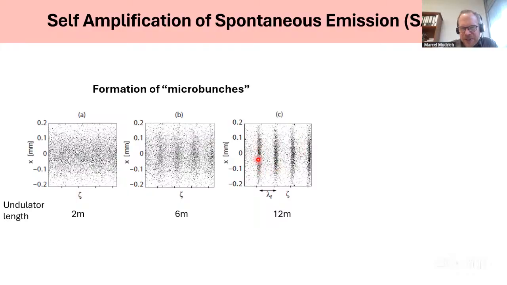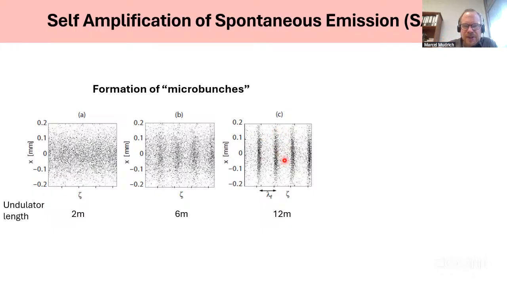These electrons arrange themselves in periods of the wavelength, and the wavelength naturally matches the undulator resonance condition, so that we have a naturally occurring resonance condition of the radiation, and then back coupling to the electron bunch. And so this is a positive feedback loop.